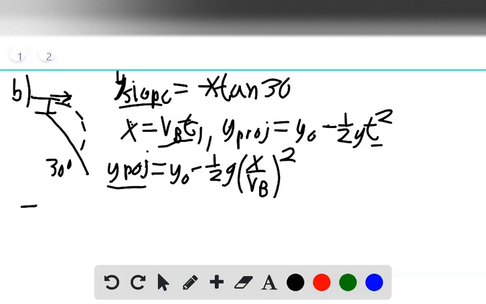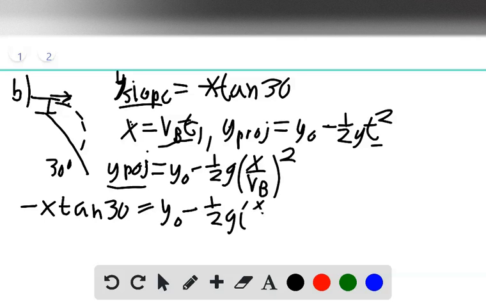So we can set these two equal to each other. You have minus x tan 30 equals y naught minus 1/2 g x over vB, squared. And you can get a quadratic from that.